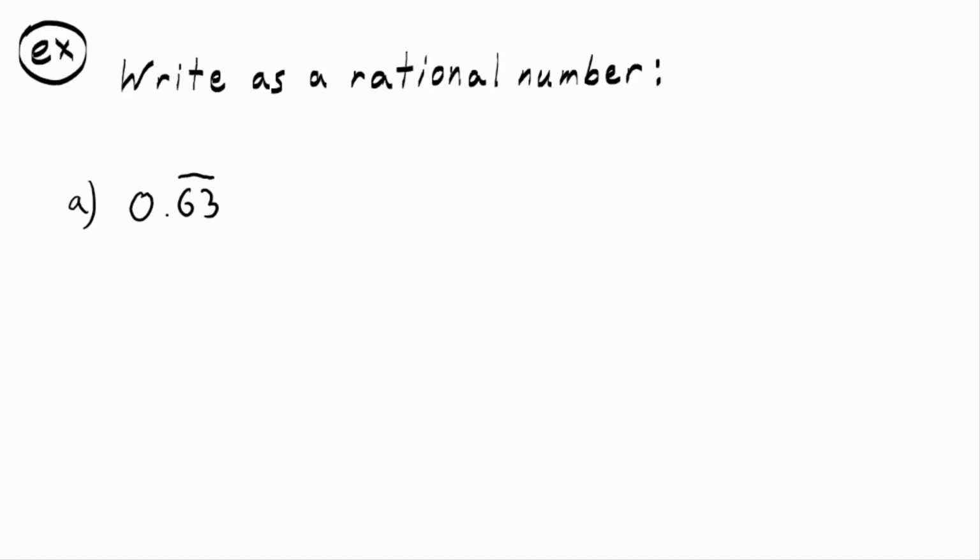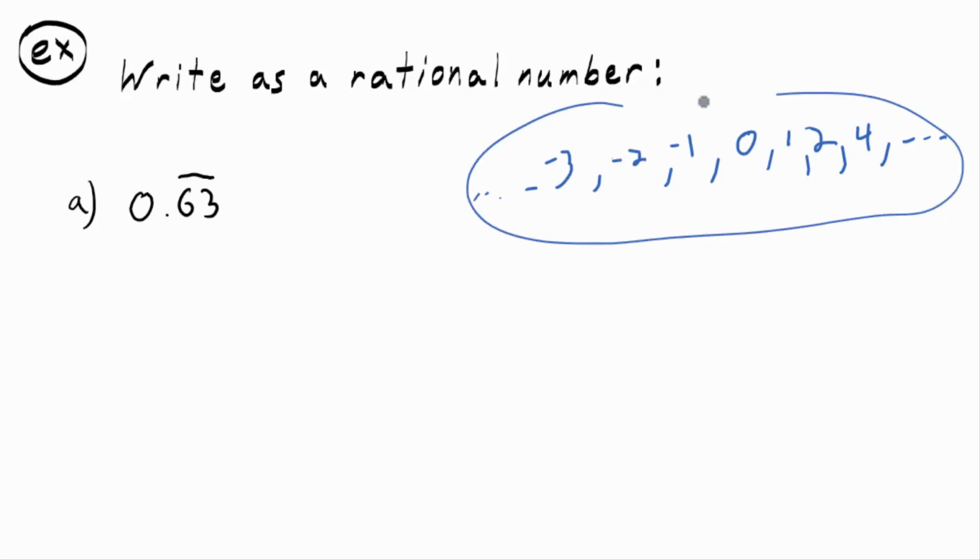So an integer is a number like 1, 2, 3, 4. It's a counting number, but it can also include 0, and it can include the opposite of the counting numbers: -1, -2, -3. These are integers. So a rational number can be expressed as a ratio of 2 of those numbers.